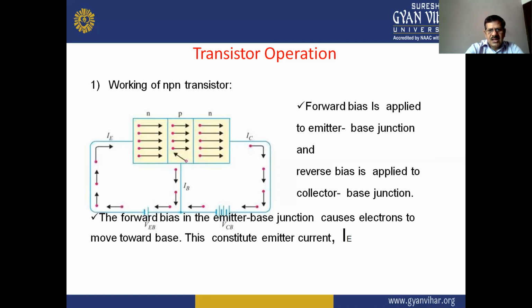The forward bias in the emitter base junction causes electrons to move toward the base region. This constitutes the emitter current IE. When the emitter base junction is forward biased, electrons move from emitter to base, and that current is the emitter current IE.